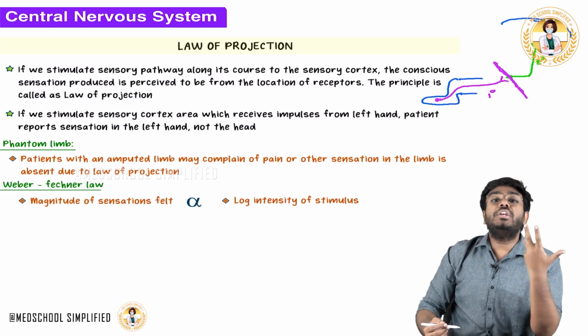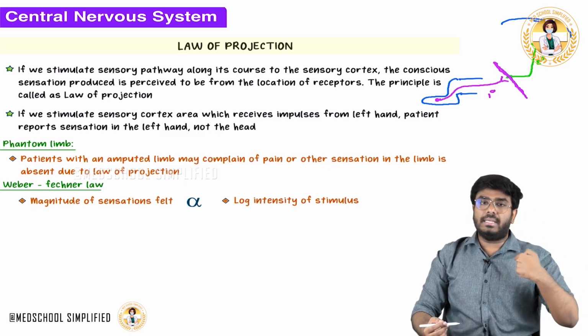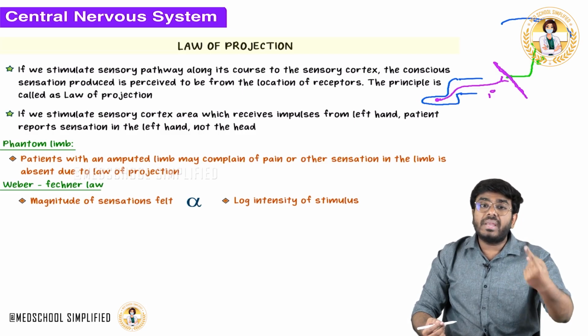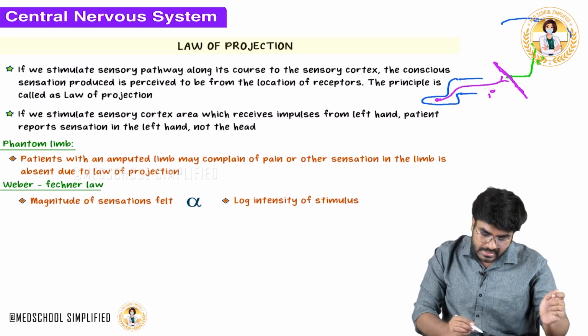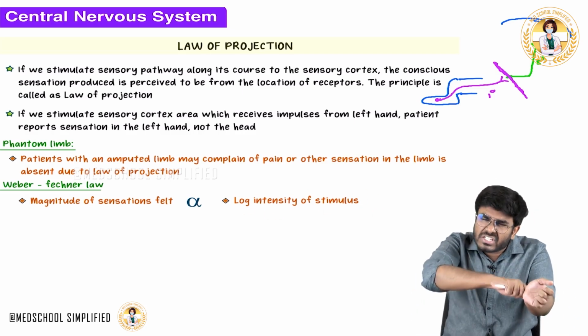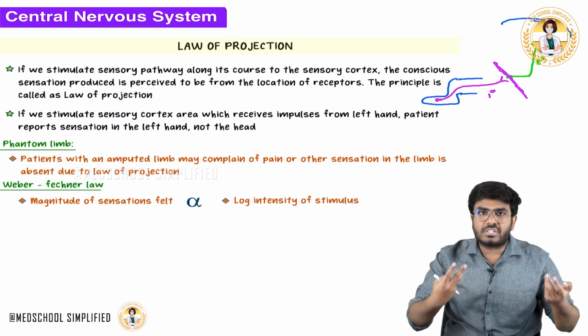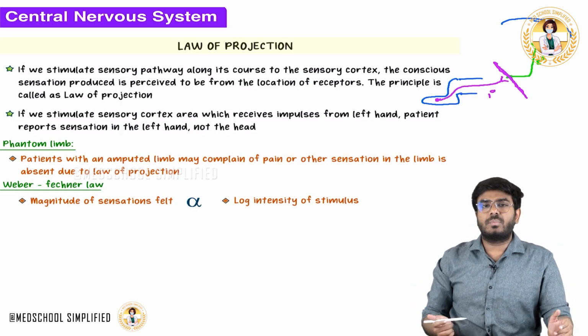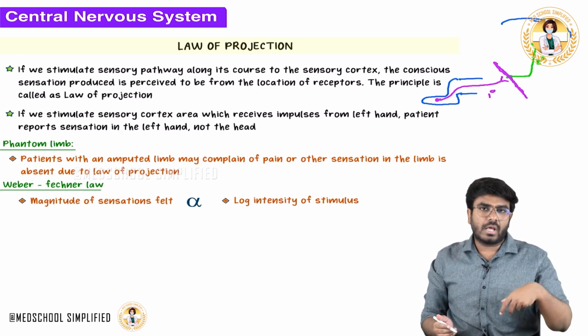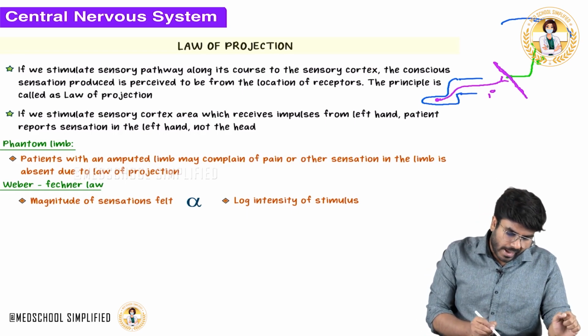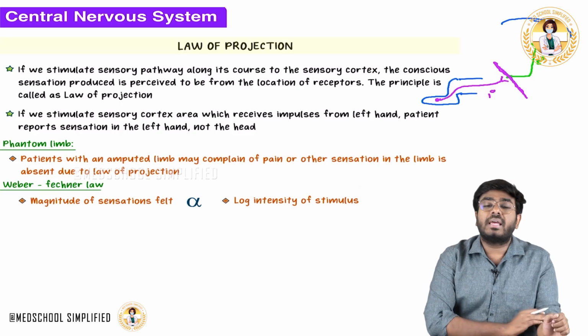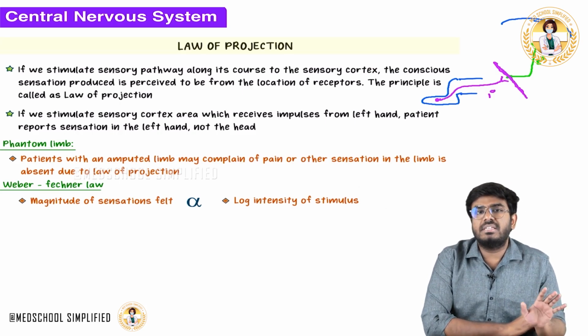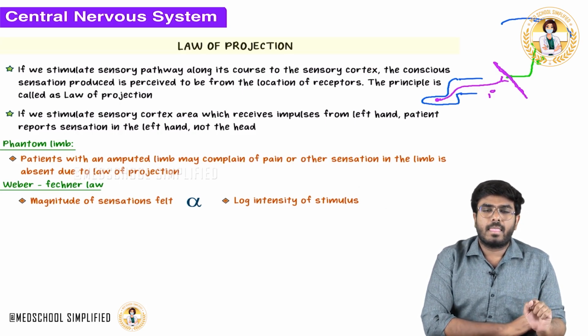So the magnitude of sensation depends on the intensity of the stimulus. If you increase the intensity, I feel more sensation; if you decrease it, the sensation decreases. This is the Weber-Fechner law.